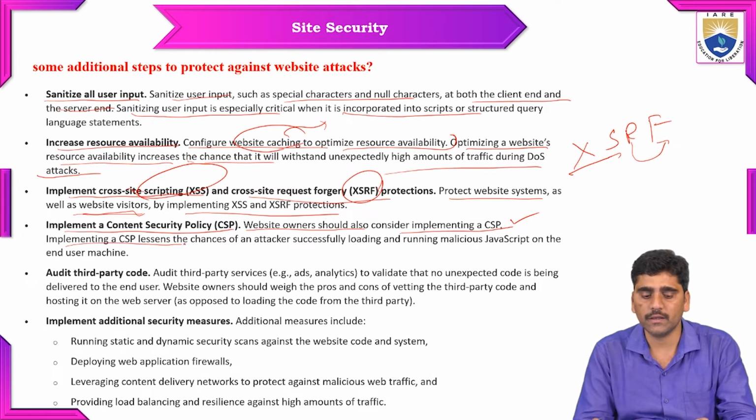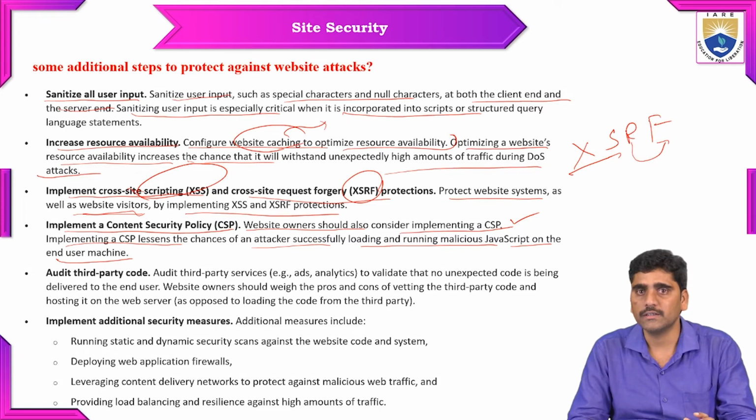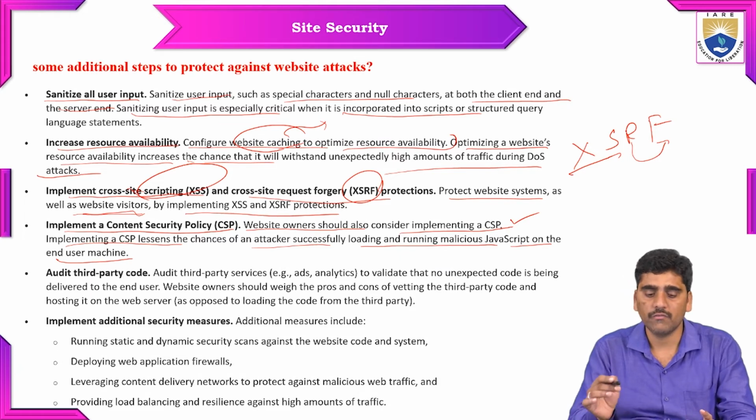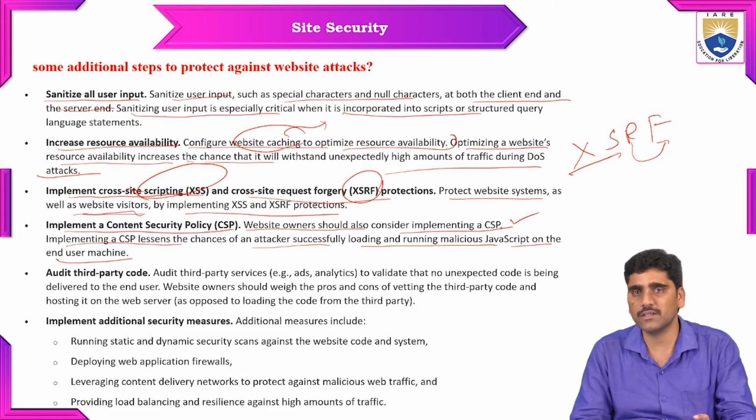Implementing a CSP lessens the chances of an attacker successfully loading and running malicious JavaScript on the end user machine. So there is less chance of different attacks occurring on the websites.